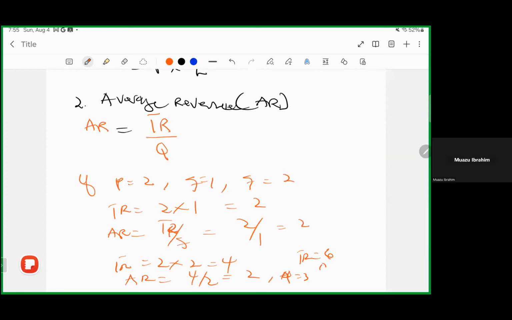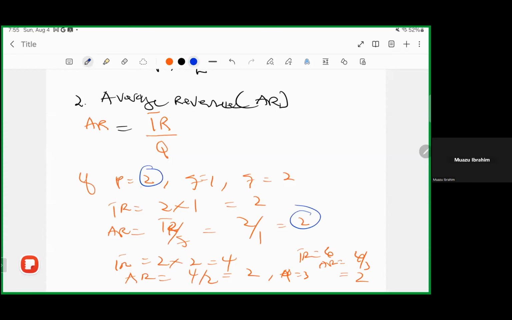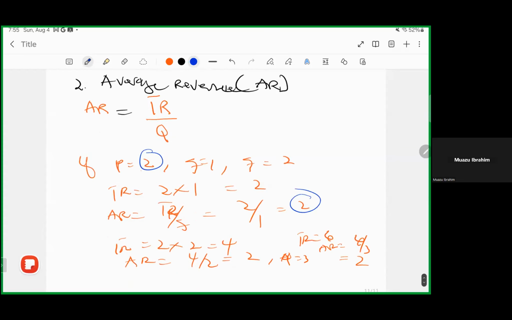If quantity is 3, total revenue will be 6. And average revenue will be 6 divided by quantity, which is 3. You will get 2. Which means that price is the same thing as average revenue. When price was 2, average revenue was 2. When price increased to 3, average revenue was also 3.